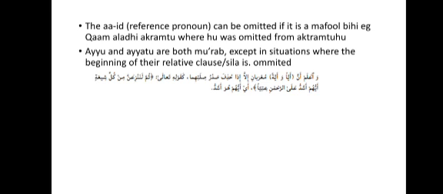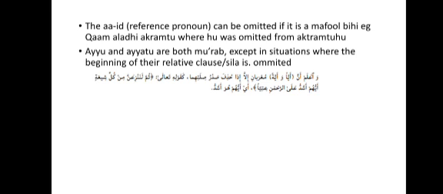So here أكرمته, there was a pronoun that was originally after أكرمت, because as we said, there needs to be a pronoun in the sila of the ismul mawsul, the sentence that occurs after the ismul mawsul, referring back to it. And alladhi in this situation is the ismul mawsul, and akramtu doesn't have a pronoun referring back to it.